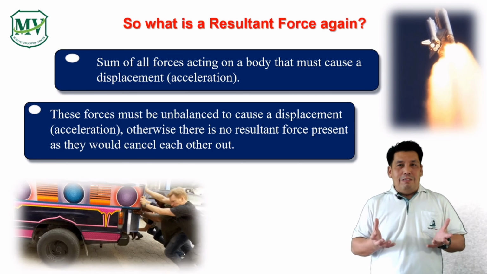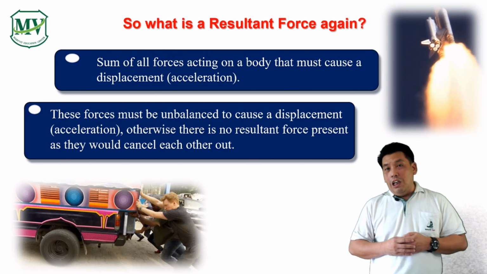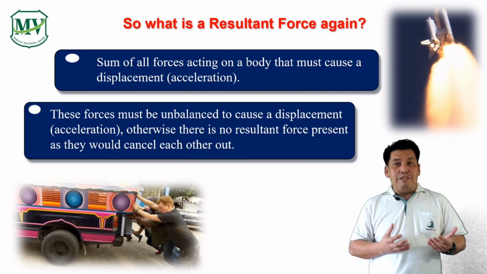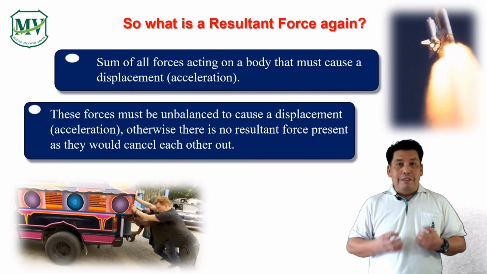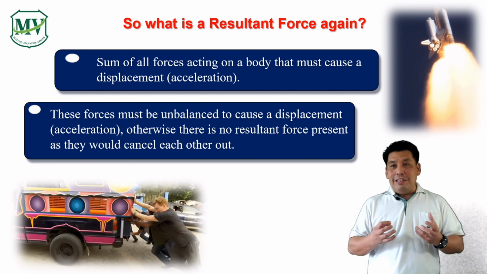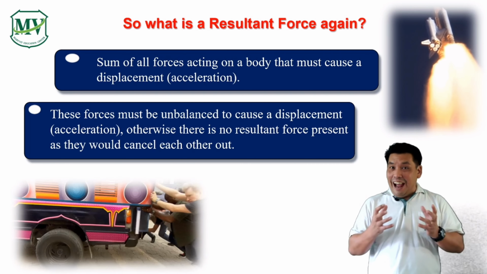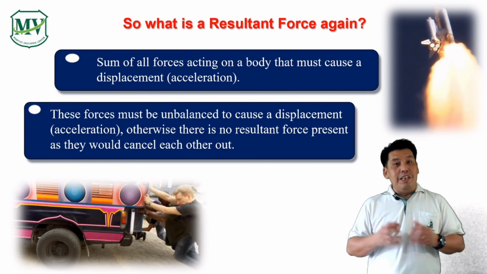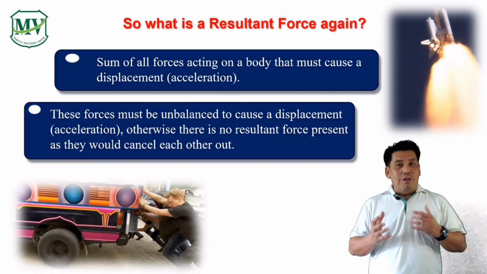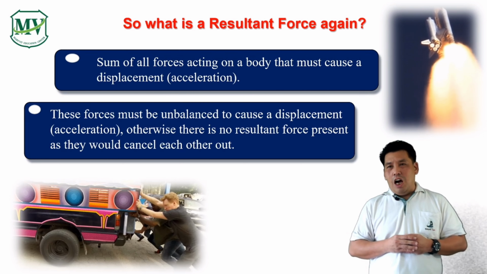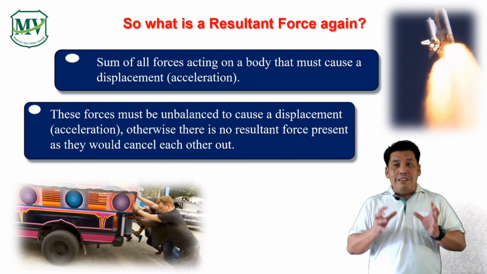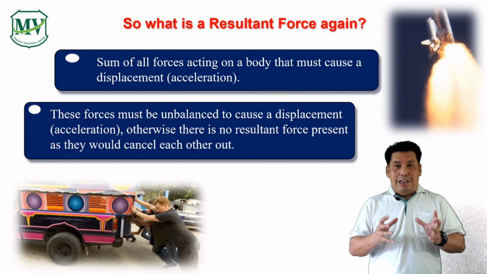Why is that so? Simple. If you recall our definition of balanced forces, we found out that balanced forces are forces that are equal in size but opposite in direction. Balanced forces will not change the motion of an object. This means that the object will not accelerate.